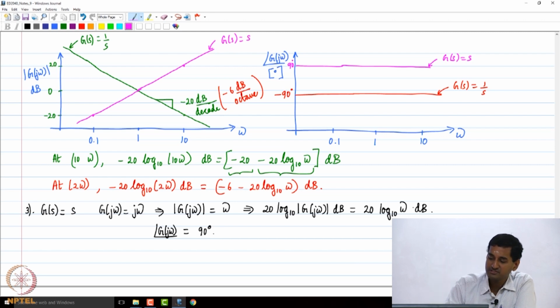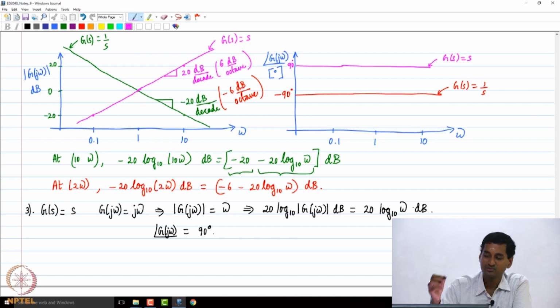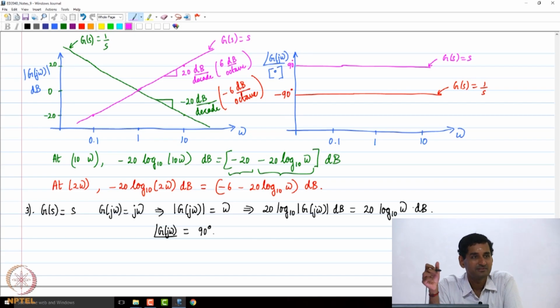So what do you think is the slope of this curve? Once again a straight line. It's going to be plus 20 decibels per decade or 6 decibels per octave, right? That's going to be the slope of this curve. Okay, so that's the difference, right? So can you observe something from here?